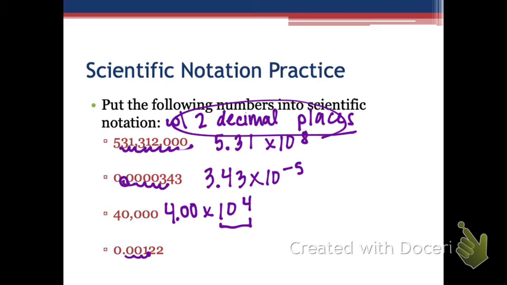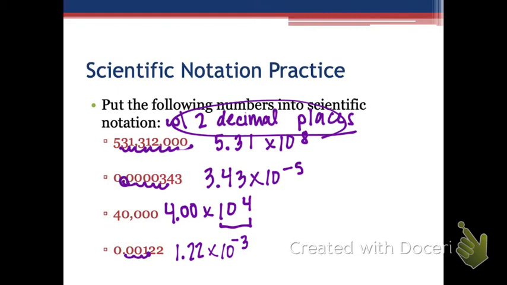And we move it 1, 2, 3. So I think it should be 1.22 times 10 to the negative 3. Is that what you guys had? 1.22 times 10 to the negative 3. So we're looking for where those digits start, and we're putting that decimal place really between our first 2 digits, to make it between 1 and 10.